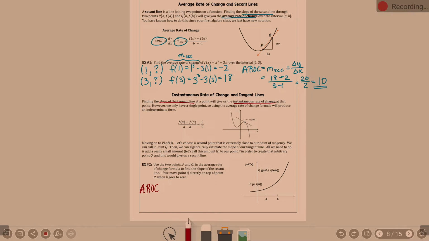I guess the idea here is, here is point P. Here, above h, is point Q. The idea of instantaneous rate of change is that we're looking at this as this point gets closer and closer to the other point. Like, they would end up on top of each other, essentially, as it mentioned. Okay?